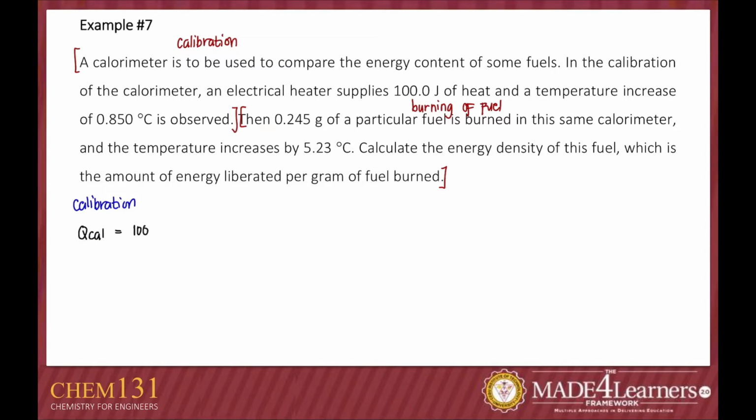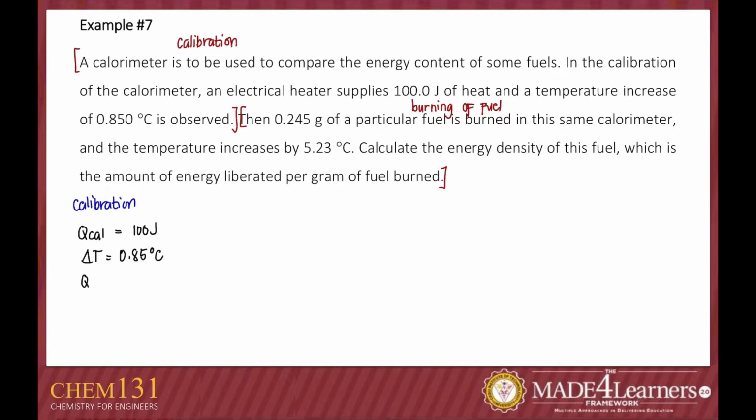That's 100 joules of heat. And when the calorimeter absorbed this amount of heat, there is a corresponding increase in temperature of 0.85 degrees Celsius. Calibration is done to find the heat capacity of the calorimeter.